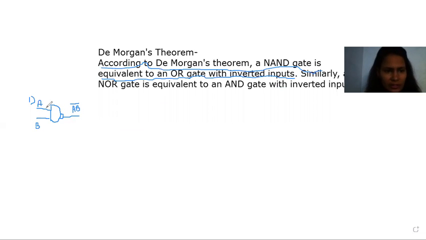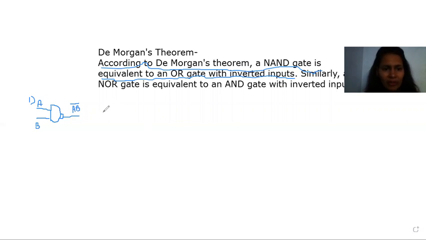So first of all, A and B will multiply. After that, NOT gate will invert the multiplication of AB. So according to De Morgan's theorem, a NAND gate is equivalent to an OR gate with inverted inputs.